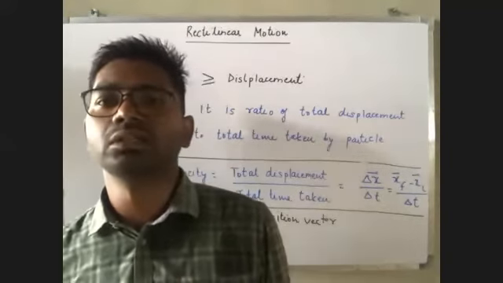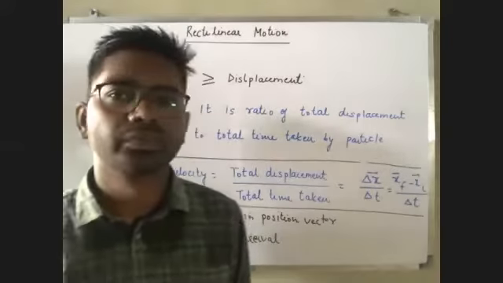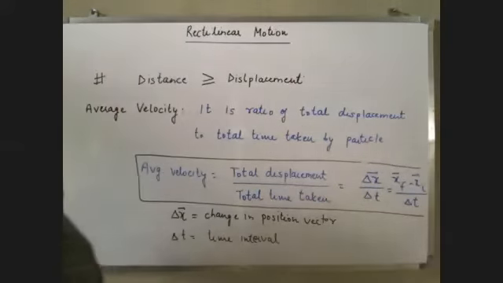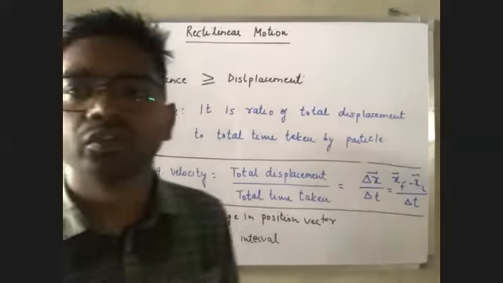Average velocity is a vector quantity in the direction of displacement. Everyone know this? Is it done? Everyone note it down?